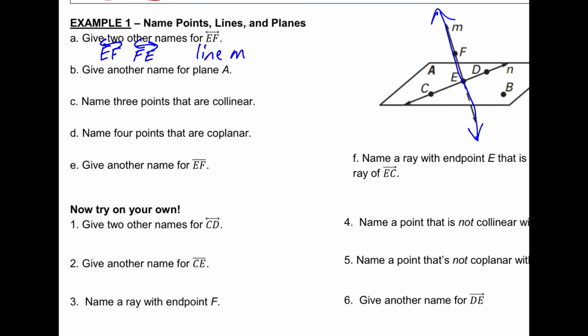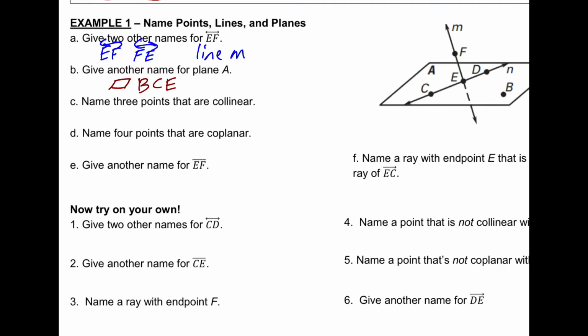For plane A, A is not a point on the plane, so we can't identify that as one of the points. But there's quite a few points that are, C, E, D, and B. Notice that F is not on the plane. So pick any of those other than A. Maybe we'll pick BCE, and that's one of the names you could use for that plane.